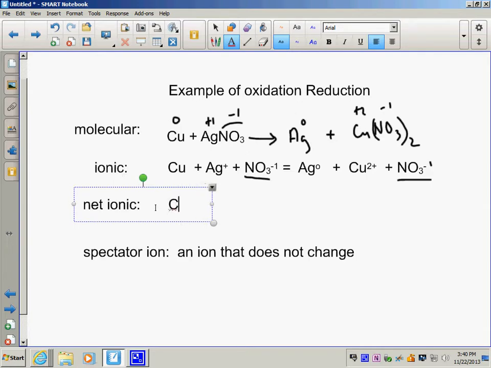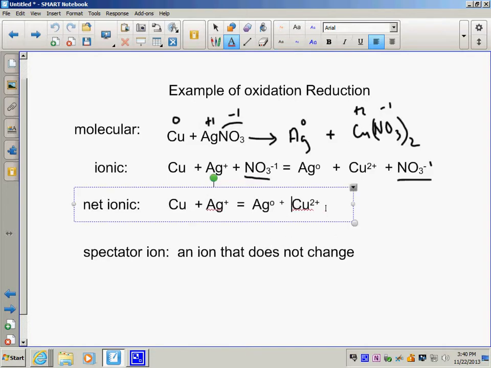Simply the copper metal plus the Ag+ ion equals Ag metal plus the copper 2+ ion. All right, so this is the net ionic equation.